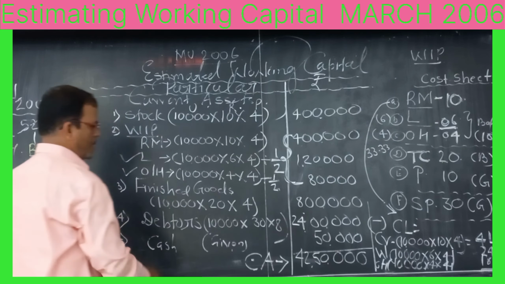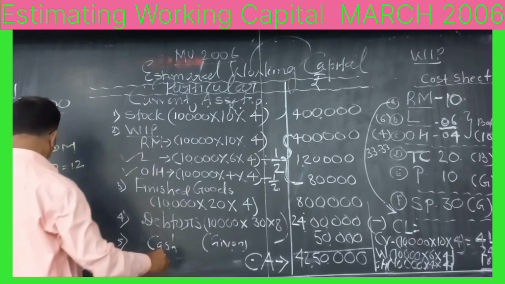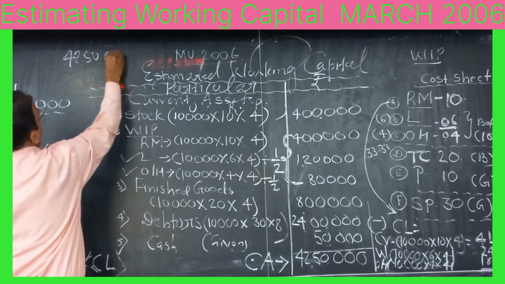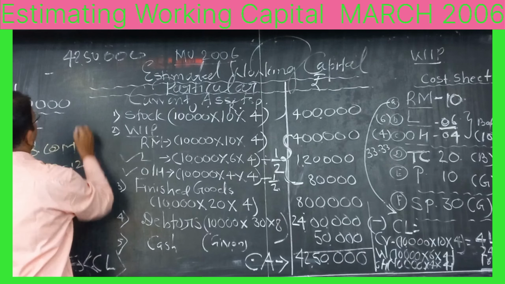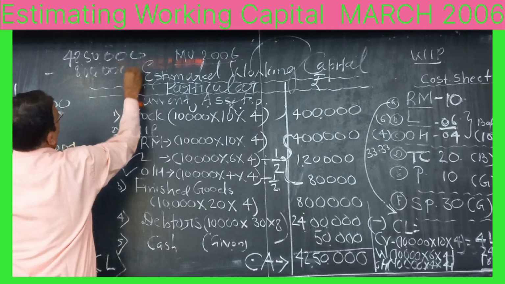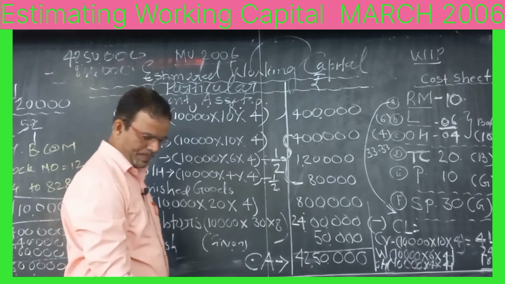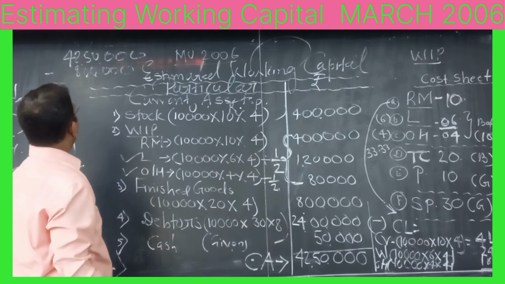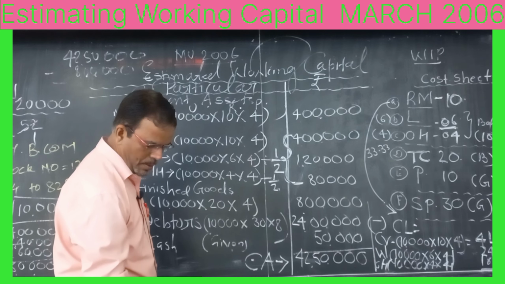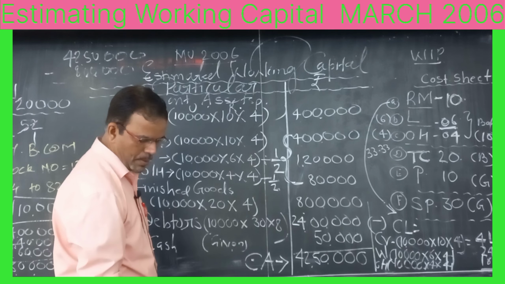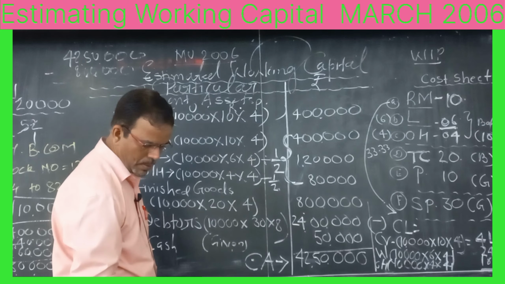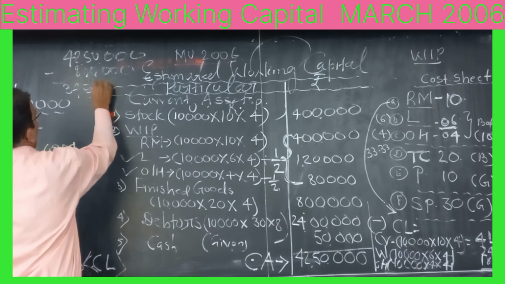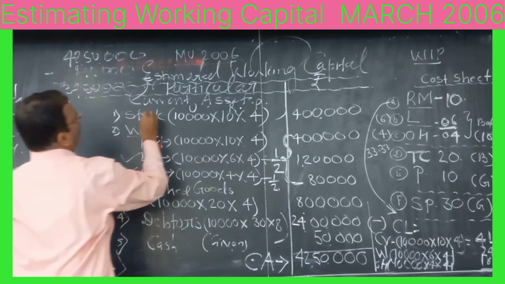So 42,50,000 minus 8 lakhs, which is our current liability, is equal to 34,50,000. 34,50,000 is our estimated working capital.